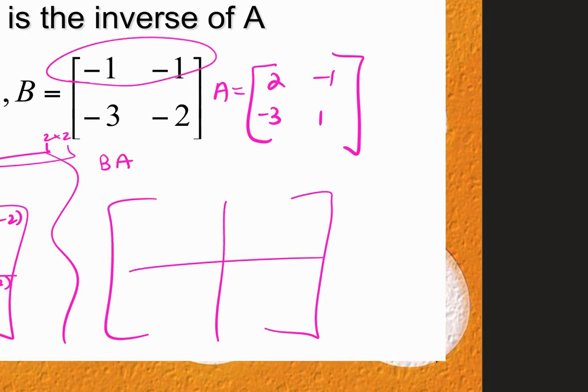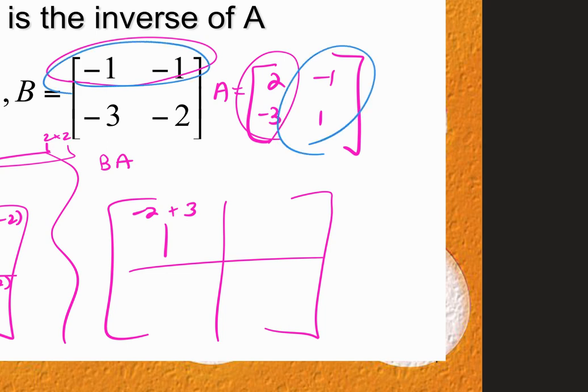So now first times first would be -1 times 2, -2. Plus -1 times -3, 3, that's the 1. Row 1, column 2, -1 times -1 is 1. Plus -1 times 1, -1, there's my 0.